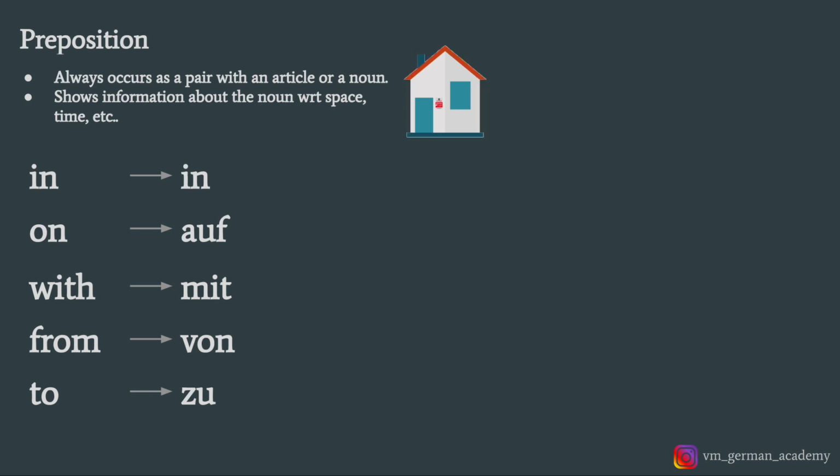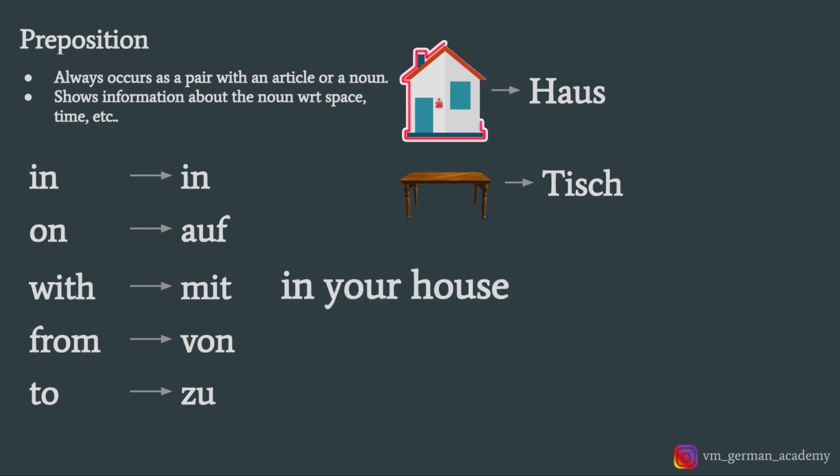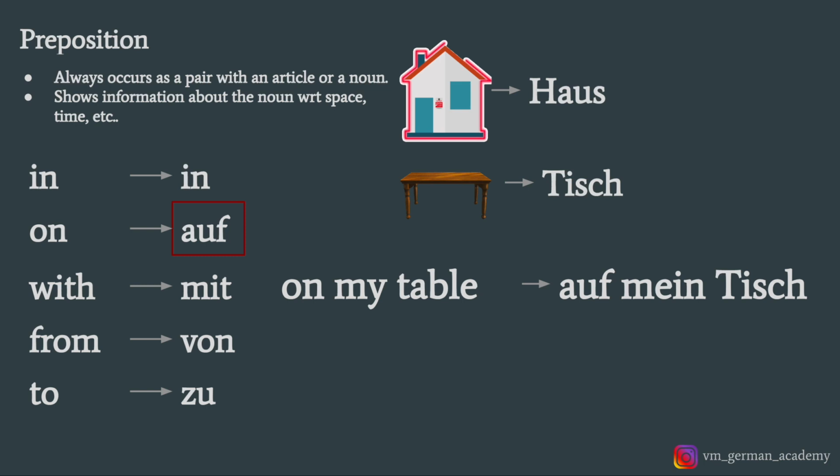A house in German is called Haus. A table in German is called Tisch. So, if you want to say in your house, in German it would be in dein Haus. Similarly, if you want to say on my table, on means auf, it would be auf mein Tisch.